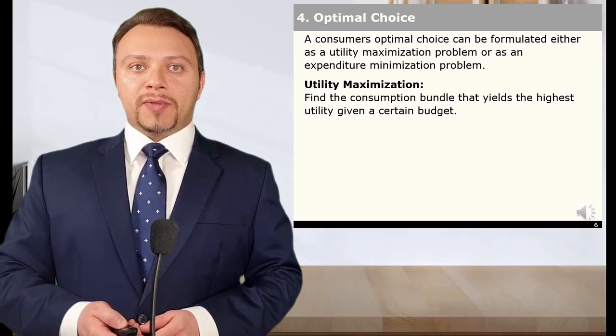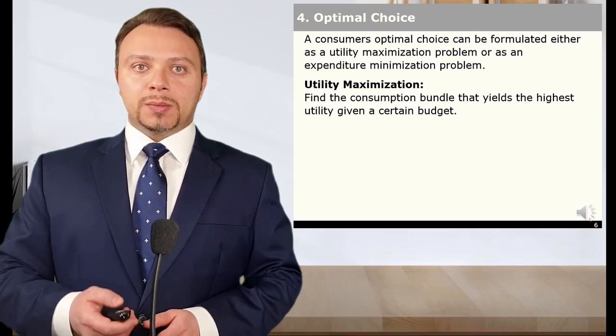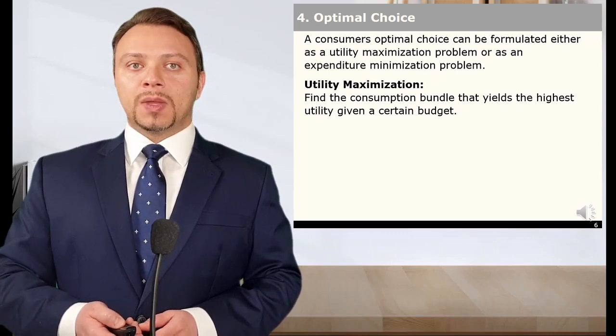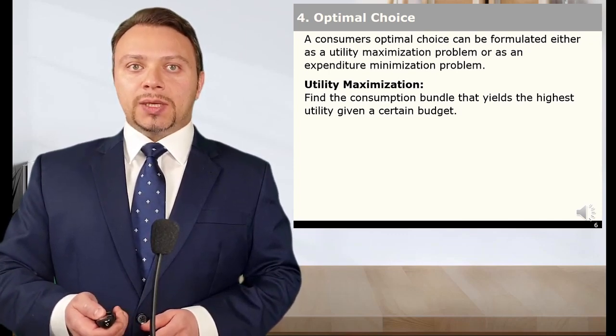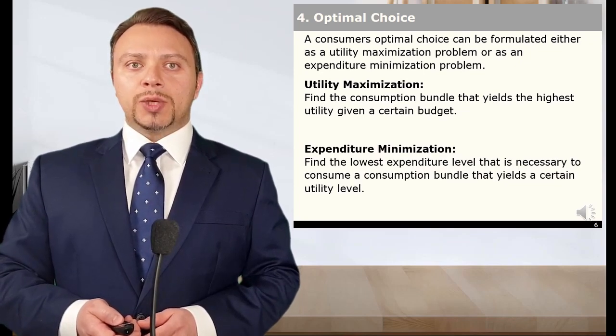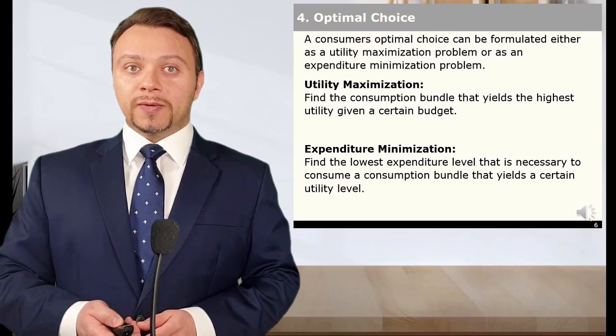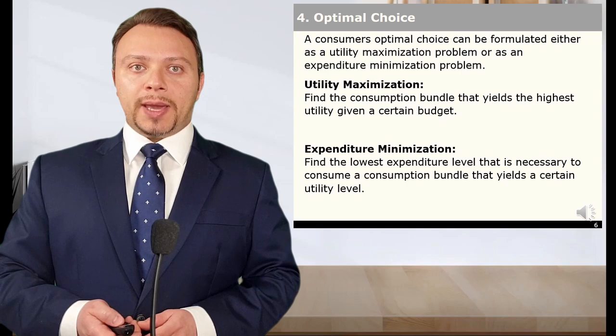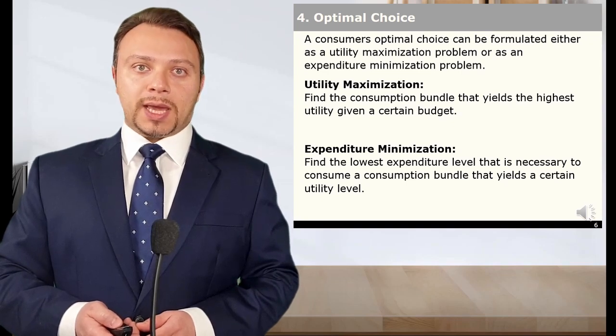And the aim of the household here is to spend this money to maximize its individual utility. With expenditure minimization, it is the other way around. Here, a household exactly knows which utility level it wants to achieve and is looking for the smallest possible budget to spend to meet this aim.